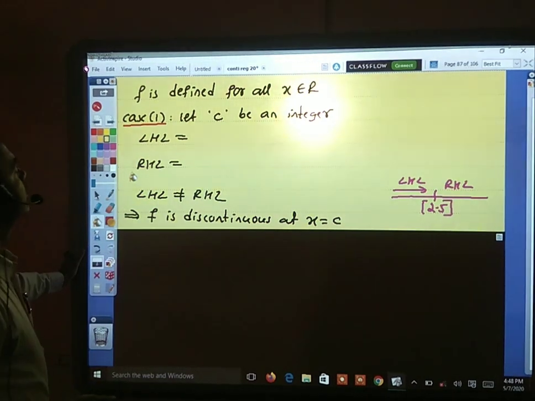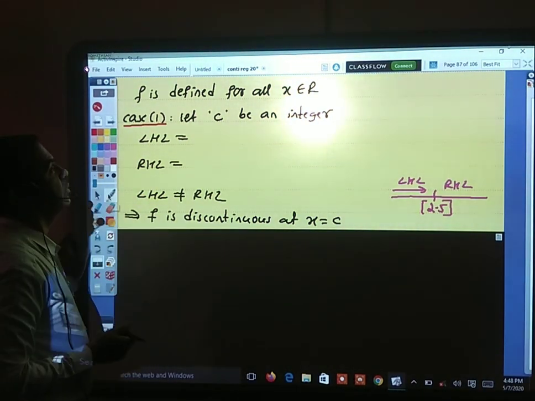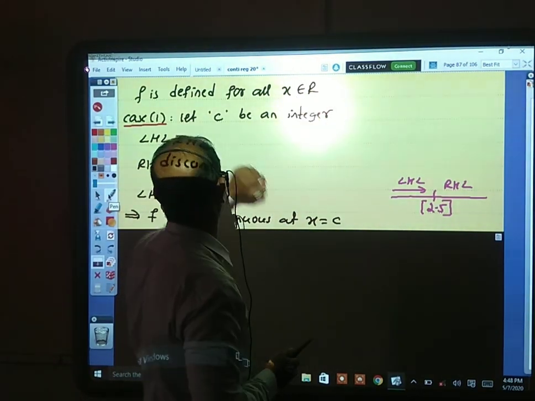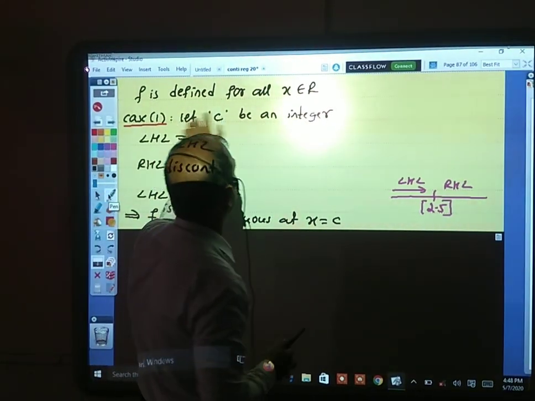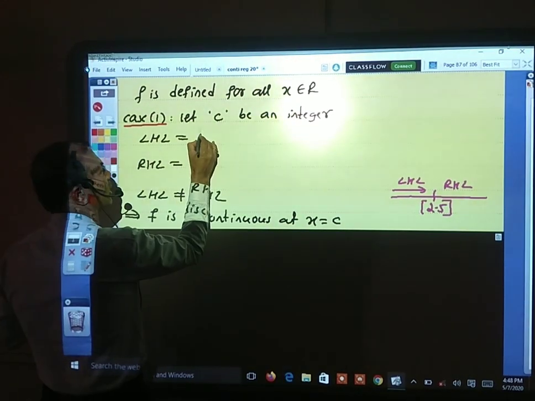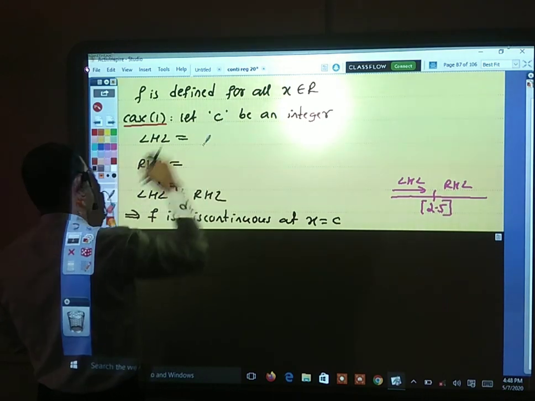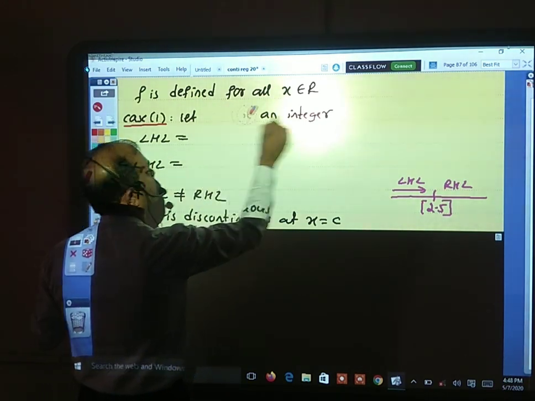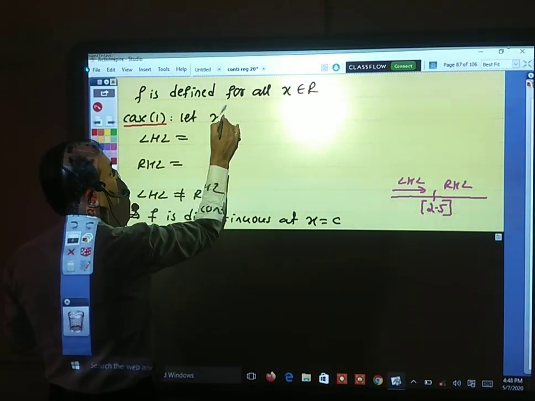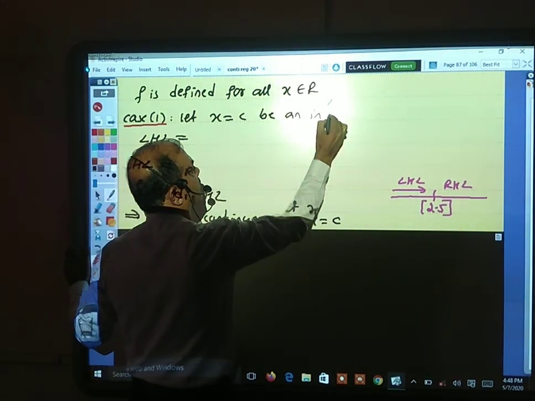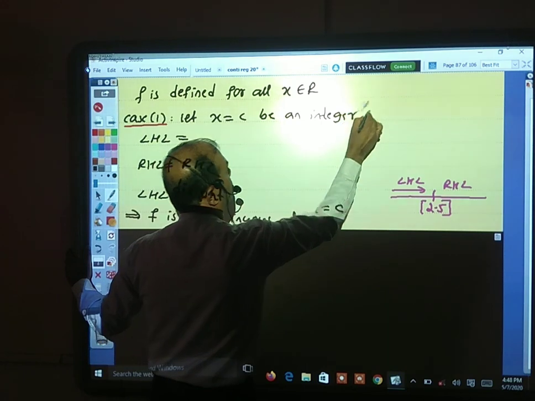The function is defined for all x belonging to R, for every real number it is defined. Let c be an integer. In this case we are checking at the point x equal to c.